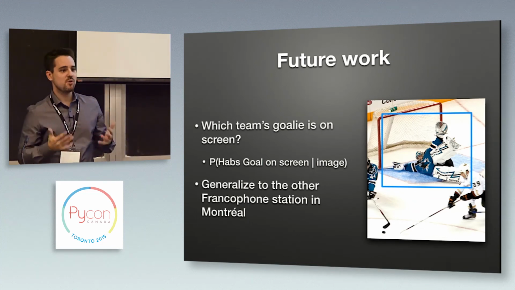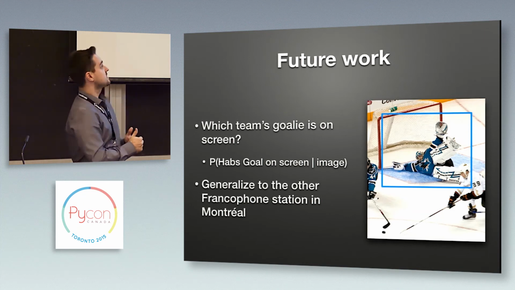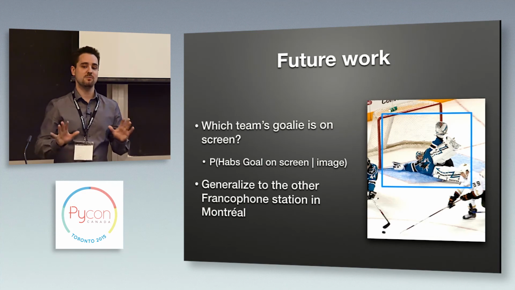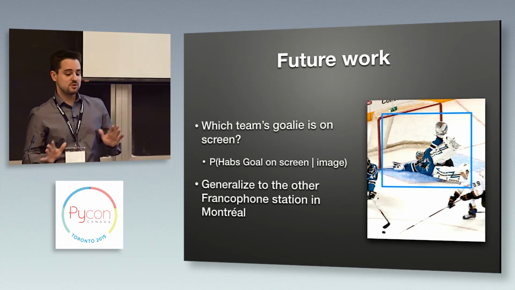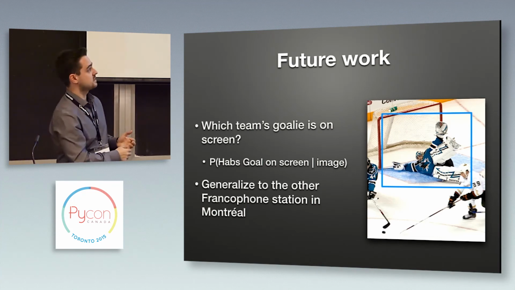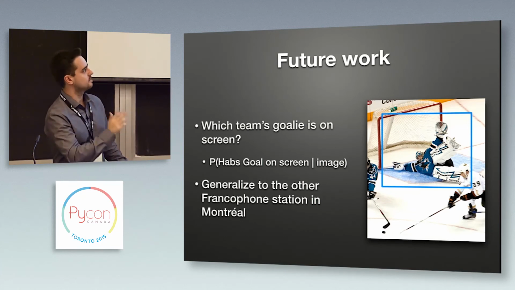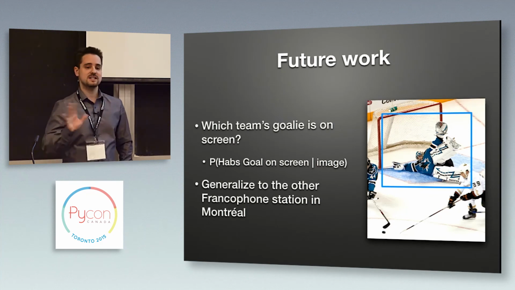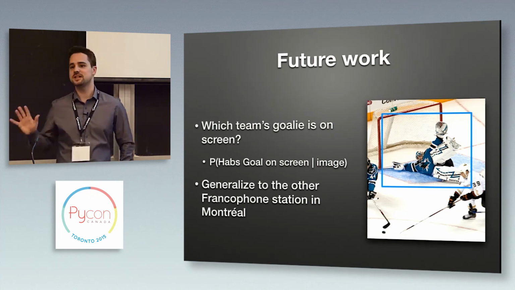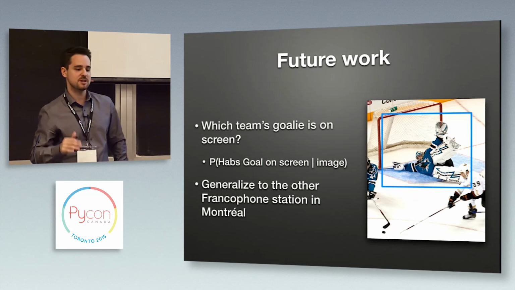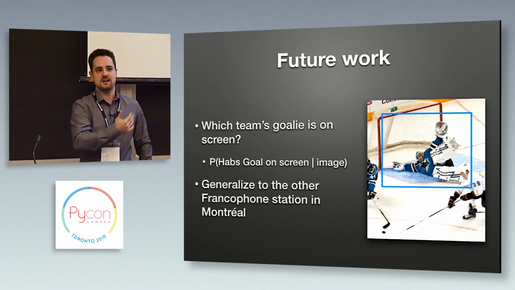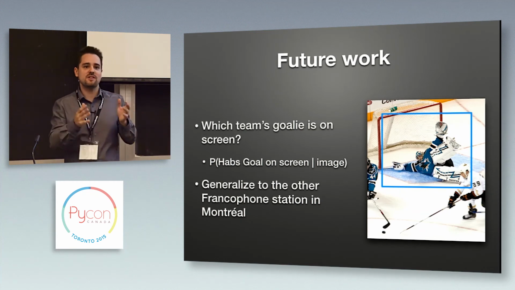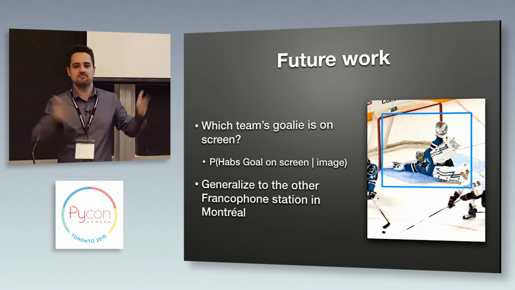So one of the simple ways that I thought of solving this was to train a simple model based on the image, which I didn't do to begin with because it's more complicated, or I don't know it as well as sound, but just a simple question: which goalie is on the screen? If you can answer that, you can probably bring the other model's accuracy to 100%, because there's no question, right? If you know that there's a goal and you know which goalie you see, then you got it.